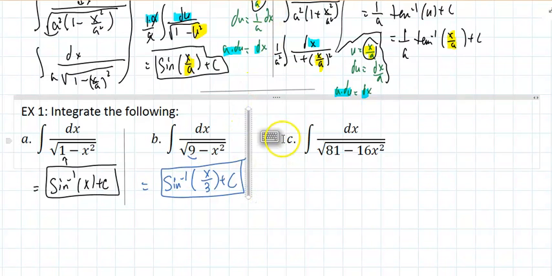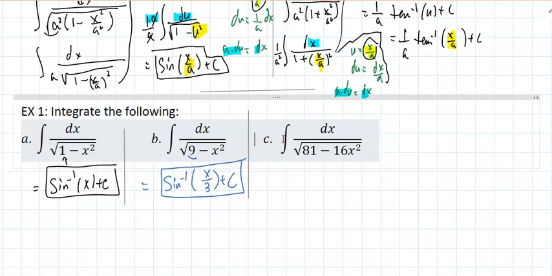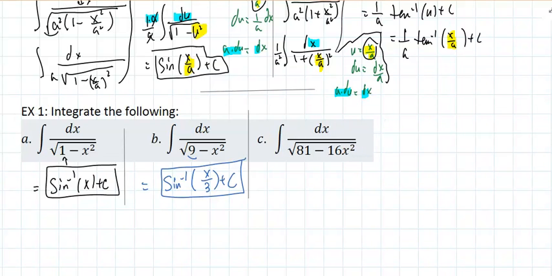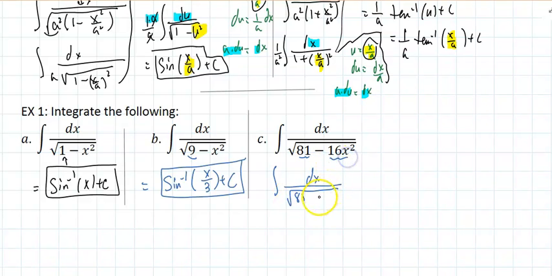And here, hopefully, we are really getting this u sub out of the way. The way I would work this out, I would say that's the integral of, and this is not a problem. Let's think about what this means. What do you square to get 16x squared? 4x.